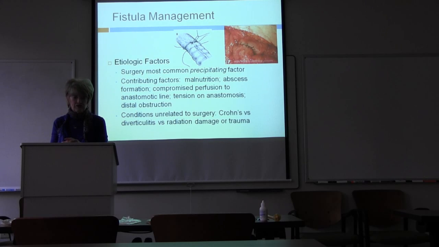Local factors could be tension on the anastomosis or distal obstruction that causes distension at the anastomotic line, or they could throw a little clot to the mesenteric vessel and get ischemia of the anastomotic line. If there's malignancy involving the anastomotic line, any of those things can cause fistula development or can promote fistula development.